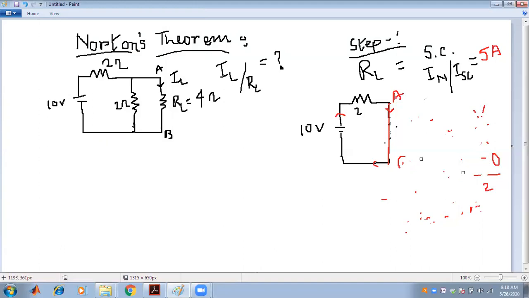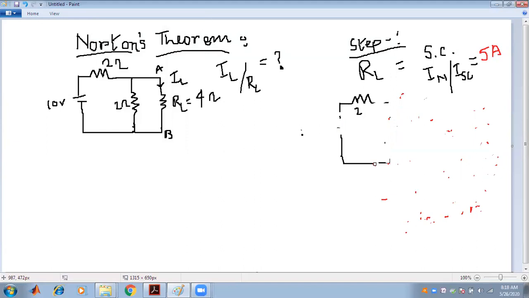Means if there is a voltage source, as we have done in the case of Thevenin's too, the voltage source is short circuited and the current source will be open circuited. We have to do that particular thing.